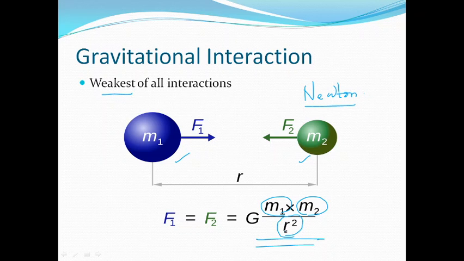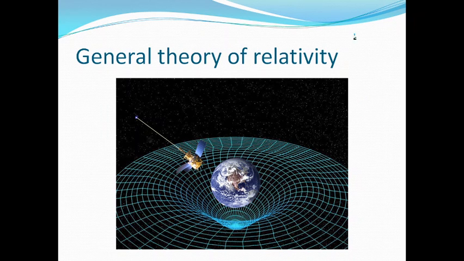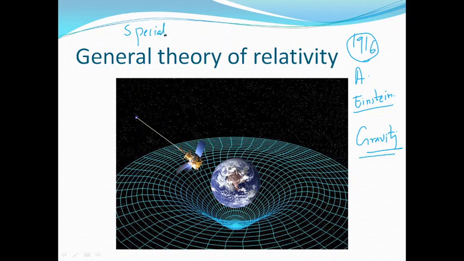Now in the year 1916, Albert Einstein developed the general theory of relativity, and according to this theory, a completely new picture of gravity is obtained. The general theory of relativity was a combination of the special theory of relativity and Newton's law of gravity.